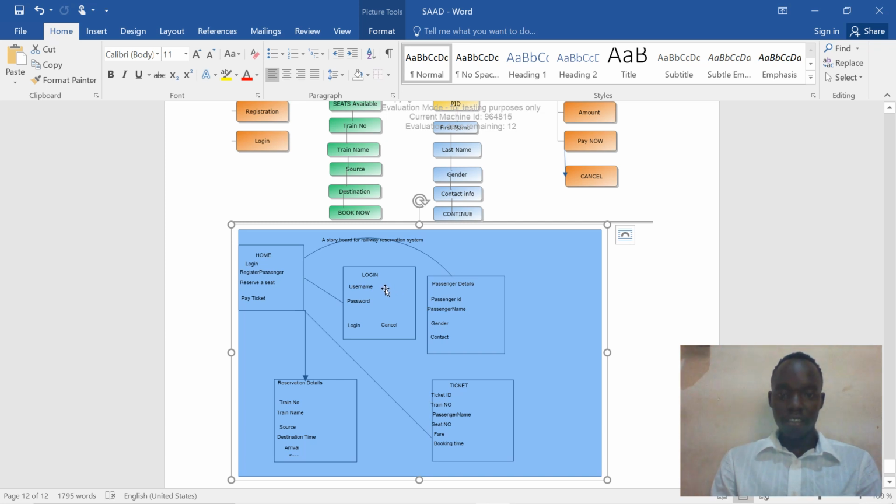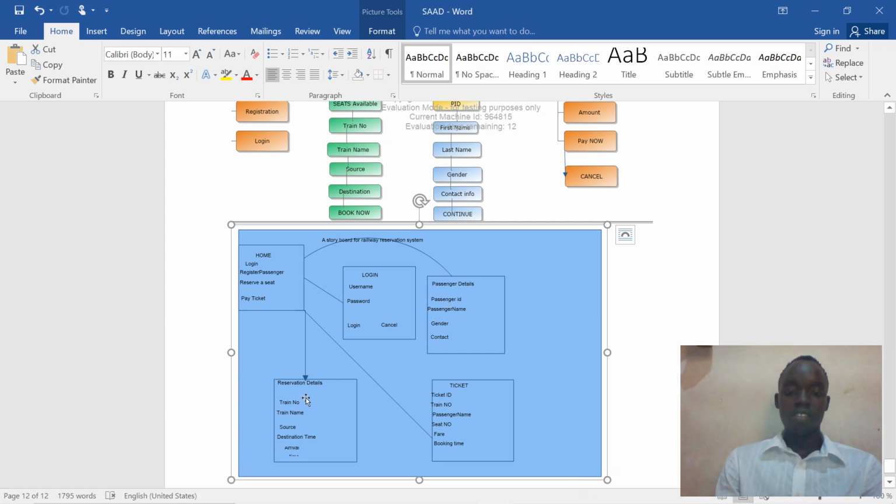This is my login, where I put the username and password. A person can even choose to cancel it. Also here are passenger details, where the passenger fills in his details so that it is easy to track the records.